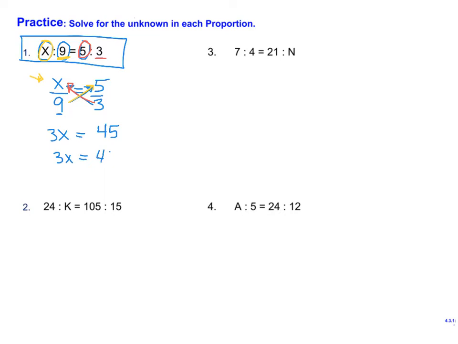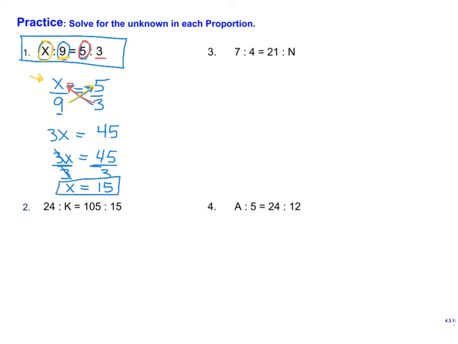Now, in order to solve for x and figure out what x is equal to, I've got to get rid of this 3 that's here. Now, this is 3 times x. So if I wanted to get rid of the 3, the opposite operation of multiplication is division. So I would divide both sides by 3. 3x divided by 3 is just x. And then on the other side, I have 45 divided by 3, which is 15. So x is equal to 15.